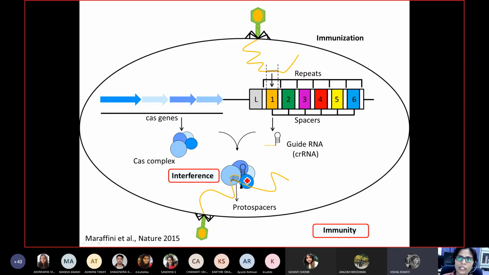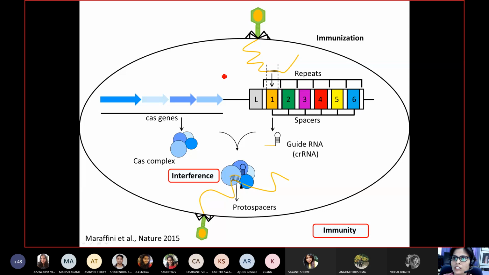Normally it has been seen that these, for example blue here, numbers 6, 5, 4, are special spacers that give the memory that the bacteria has been infected previously by these phages. It can also be infected by others. These sequences have been incorporated into the spacer array.